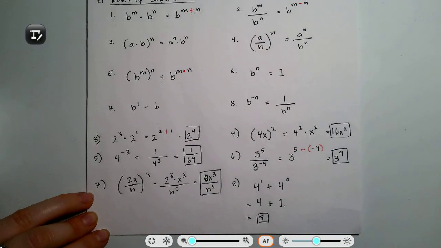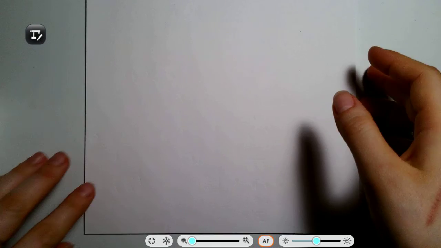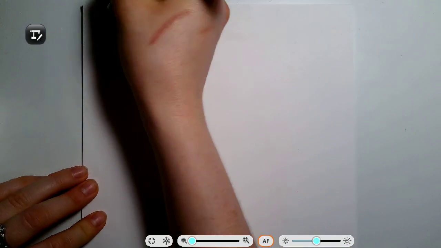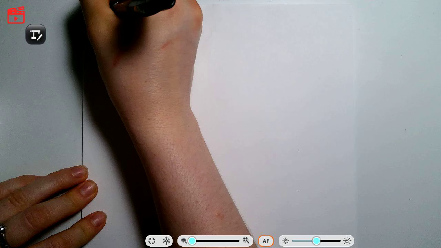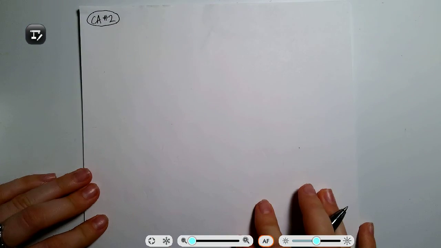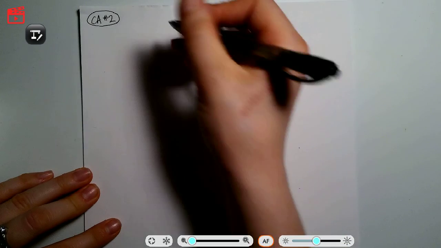All right, and that's it for this class activity. Let's take a look at the other class activity for rules of exponents. Okay, so class activity number 2, using rules of exponents.